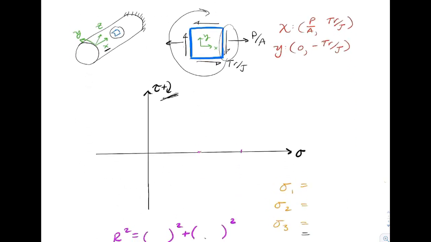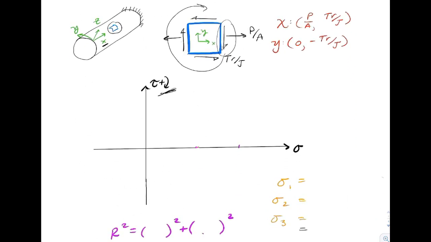Take those 2 points directly to Mohr's circle. So we're going to plot the X point. I'll put it right there, put an X by it. I'm going to call that P over A, TR over J. Y point, put right down here, put a Y by it, 0 comma minus TR over J. Connect those 2 points.